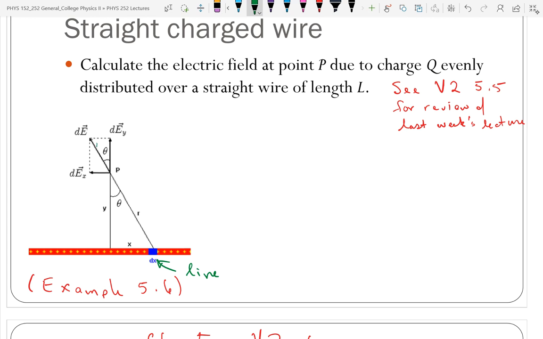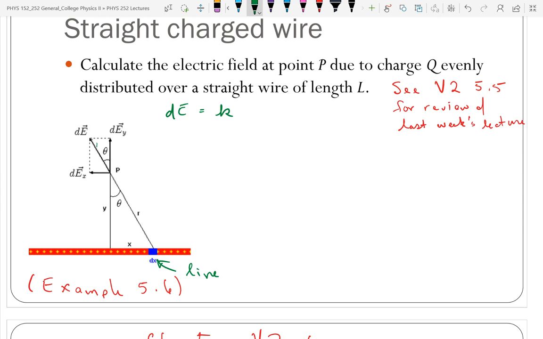Okay, so from this piece, I have dE shown like that. Now I need to come up with an equation for dE. The magnitude of dE, I didn't put a vector sign, so it automatically means it's the magnitude. What's the magnitude going to be? Always dE equals Coulomb's law: k Q1 Q2 over r squared.